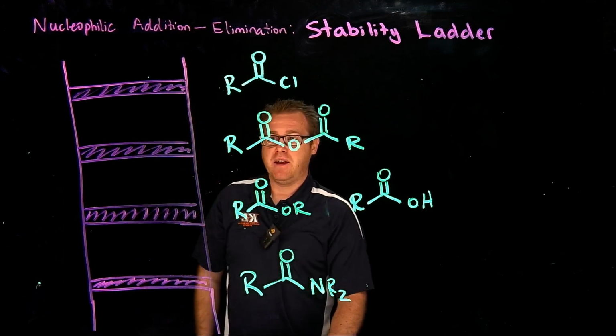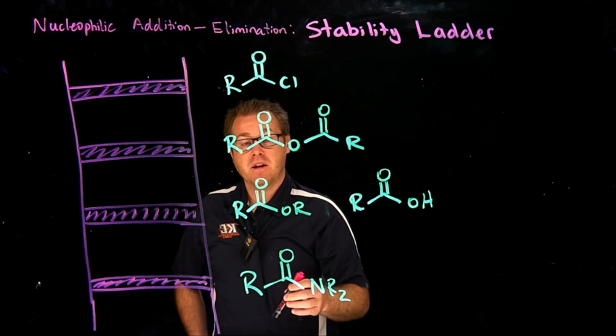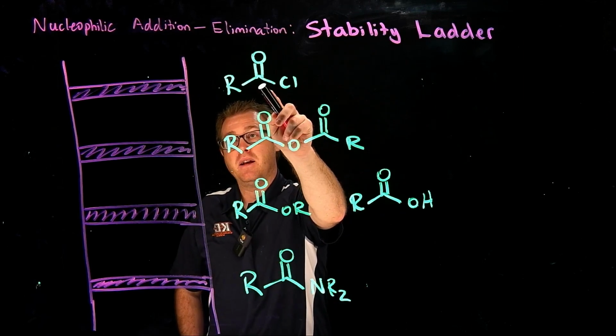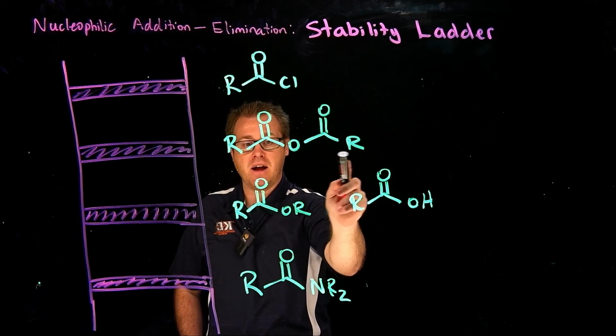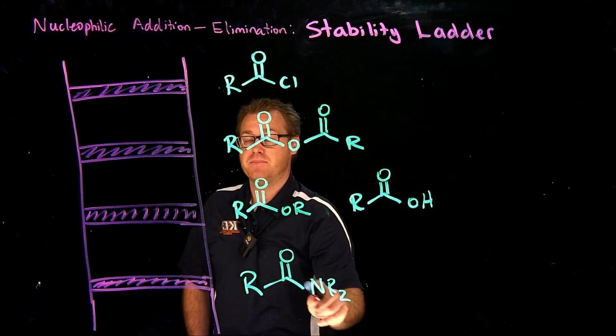So for each of these rungs, we have different types of carboxylic acid derivatives. We have our acid chloride at the very top rung, and then we have an acid anhydride, esters, carboxylic acids, and amides.